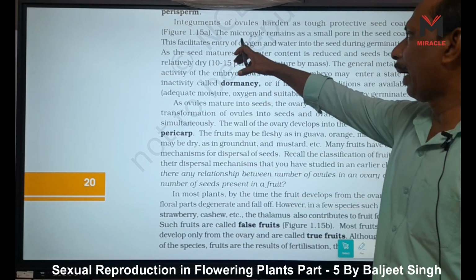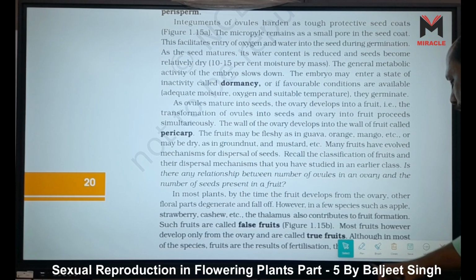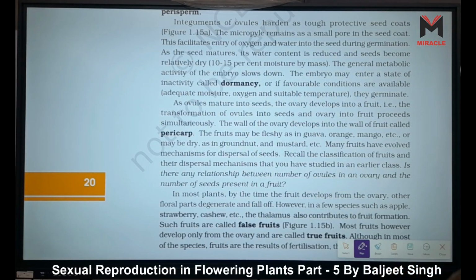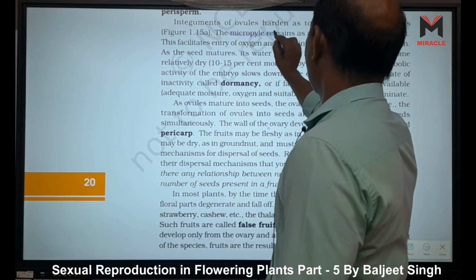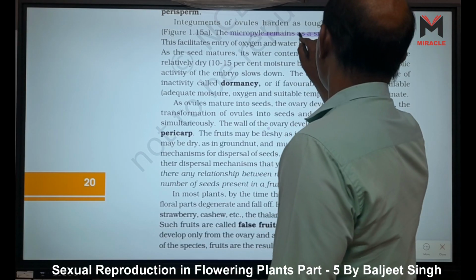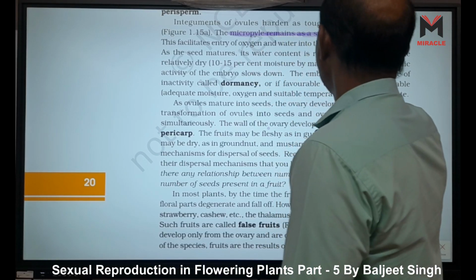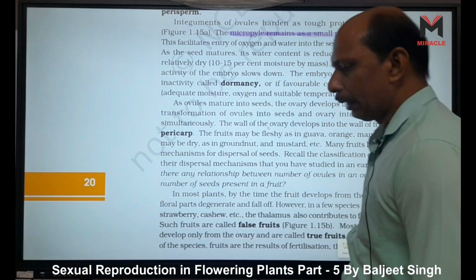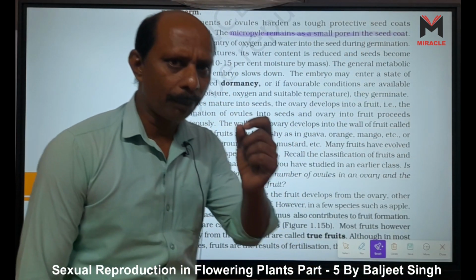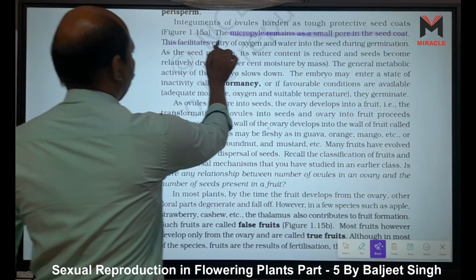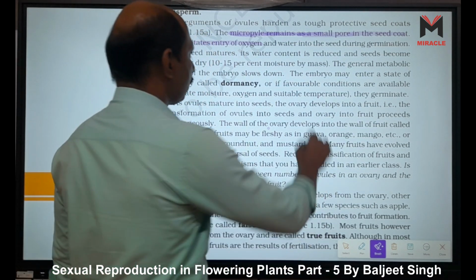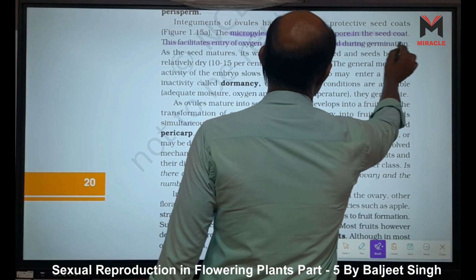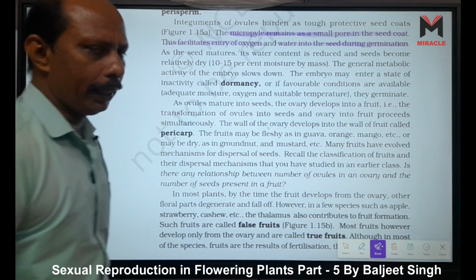The micropyle remains as a small pore. It is also present in seeds, in the seed coat, and this small pore facilitates the entry of oxygen, because oxygen is also important for metabolic activities, and water in the seed during germination, right?